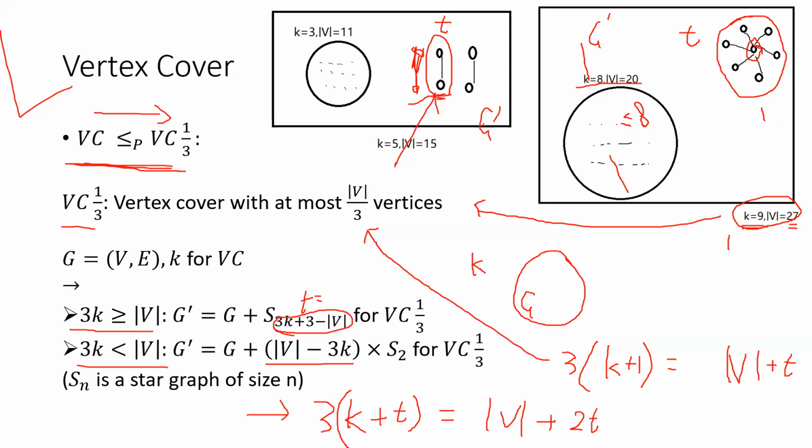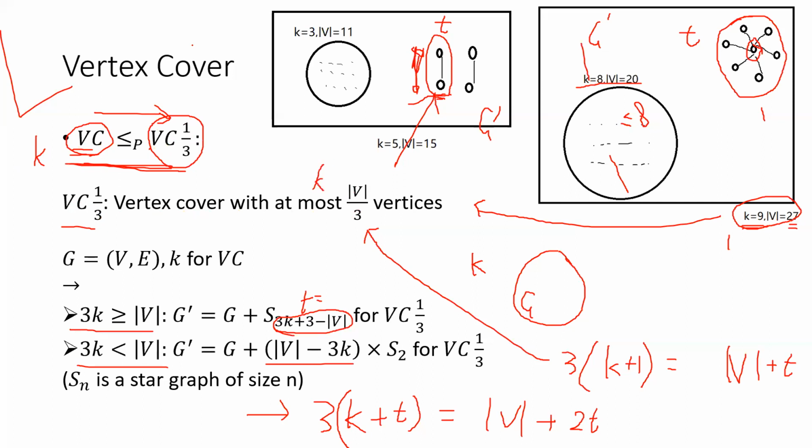It looks a bit complicated, and I want to remind you that the purpose of reduction is to reduce a problem to another problem. Originally, you have a vertex cover problem of size k, and suppose you know how to solve the other problem. You want to reduce VC to VC1/3, but this VC1/3 problem can only solve a problem where k is exactly V/3.